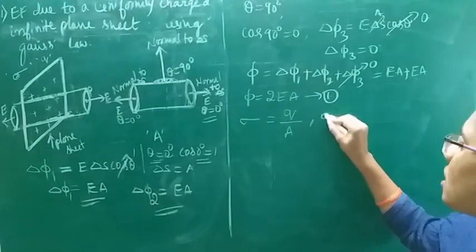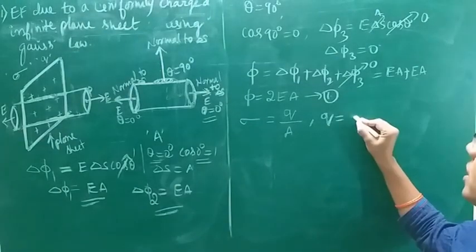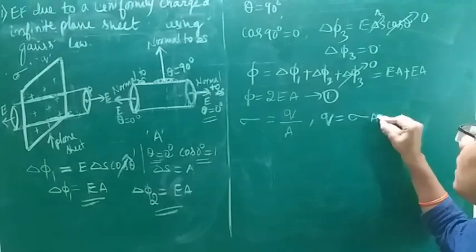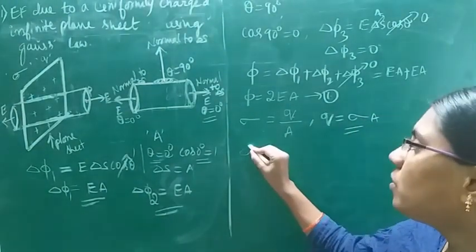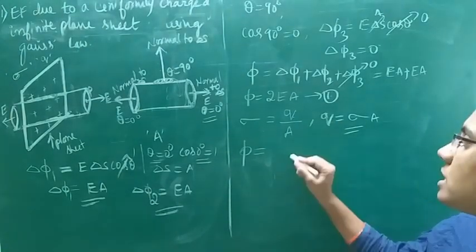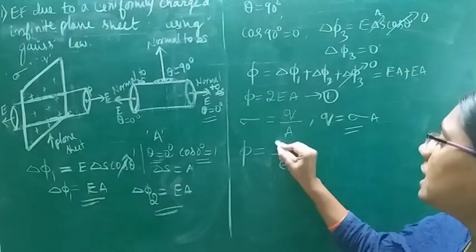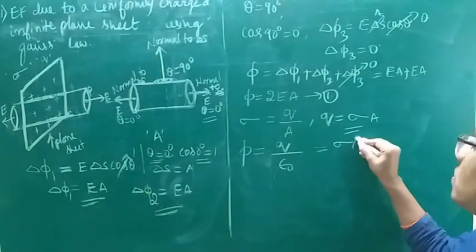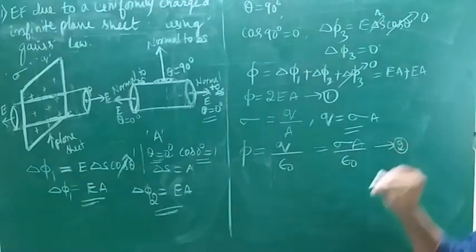Taking A to this side, the total charge Q can be written as sigma into A. According to Gauss law, the total flux passing through the closed Gaussian surface is 1 by epsilon naught times the net charge enclosed. Here the net charge is sigma A, so phi is sigma A divided by epsilon naught. Let it be equation 2.